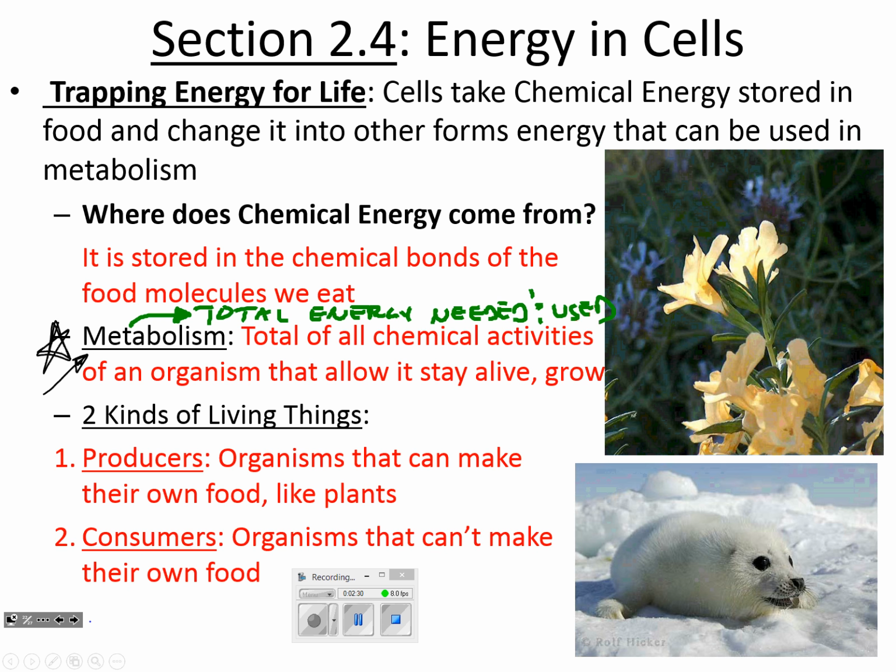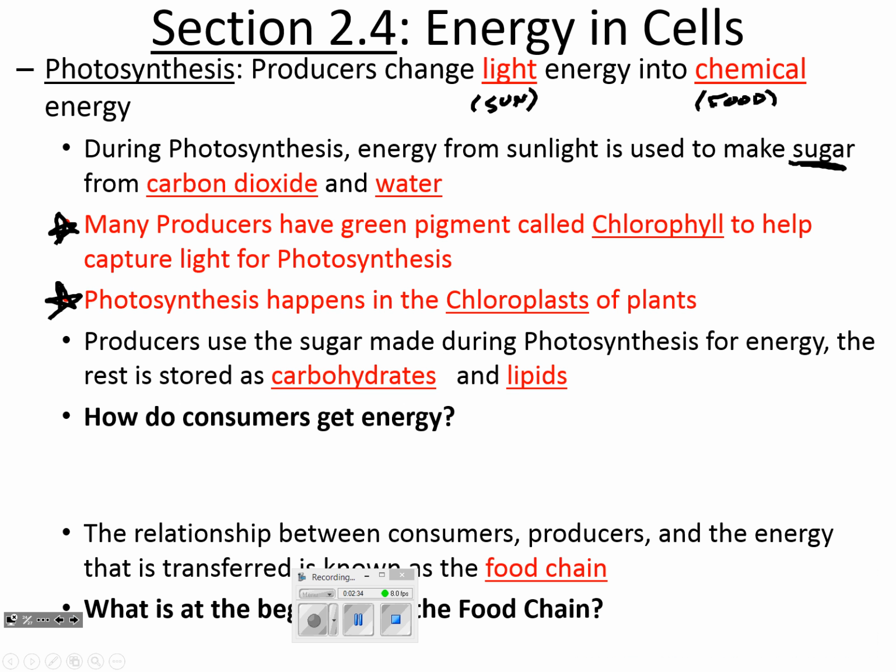Now, where all of this energy comes from is an important thing to understand. It comes primarily from two very important processes called photosynthesis and respiration. We have talked before about photosynthesis. Photosynthesis is the process where producers, like plants, change light energy into chemical energy, which is food energy.